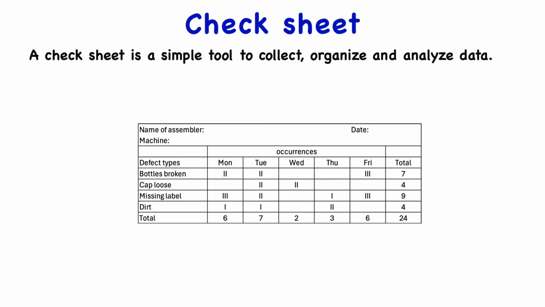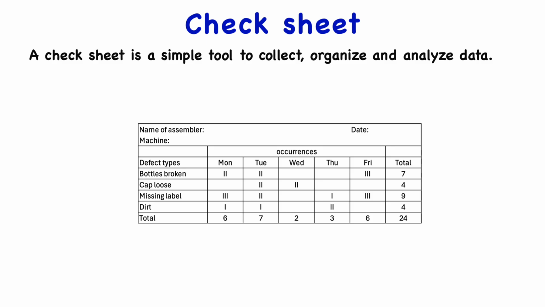Check sheet. A check sheet is a simple tool to collect, organize, and analyze data. Every problem you're trying to solve or any process you're trying to improve must be done with data, so you know where you started and where you want to go. The check sheet can be easily adaptable for a wide variety of purposes.